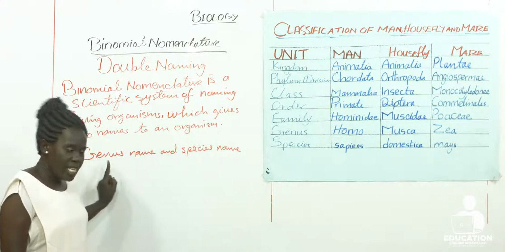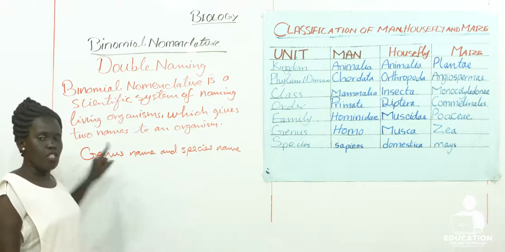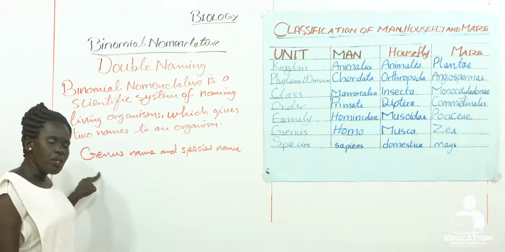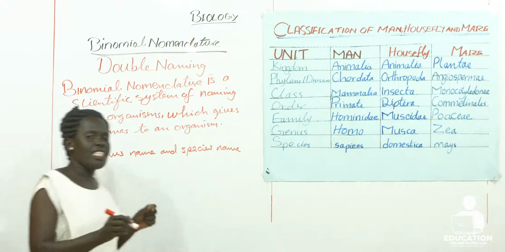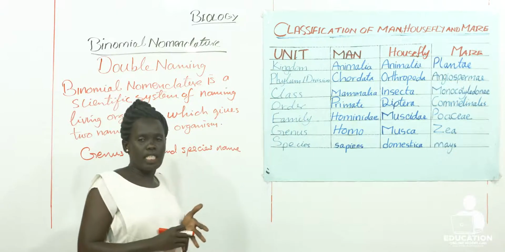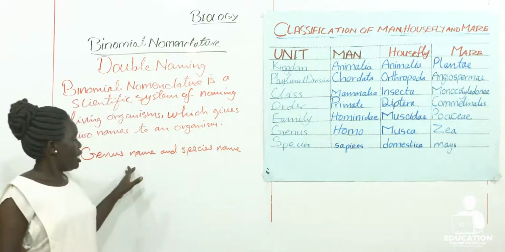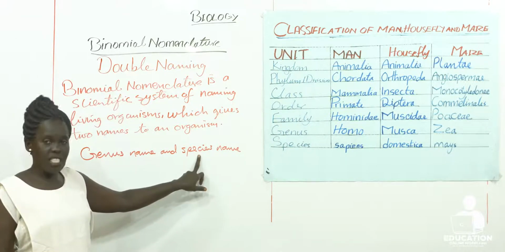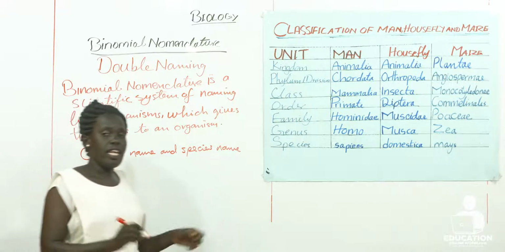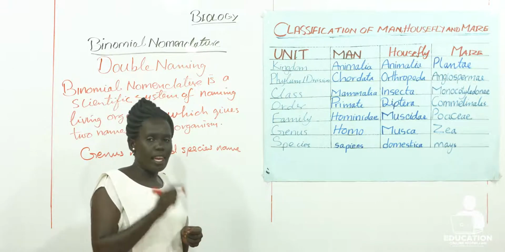If you are writing the scientific name, you start with the genus name, which begins with a capital letter, while the species name begins with a small letter.